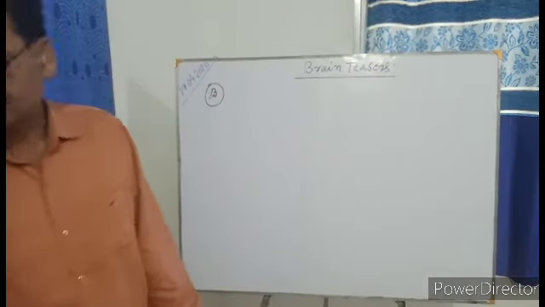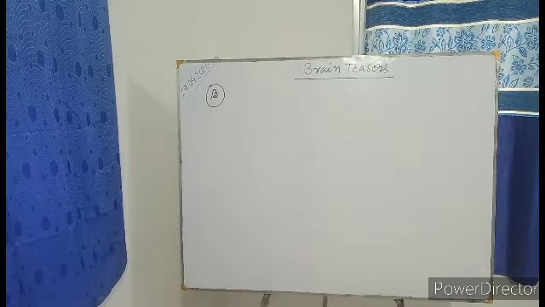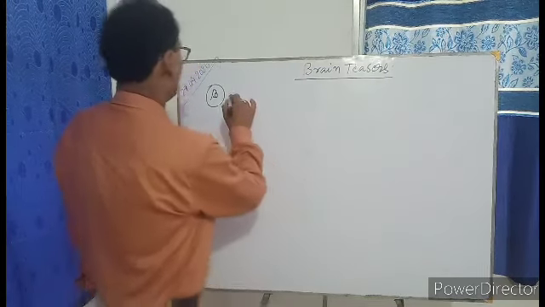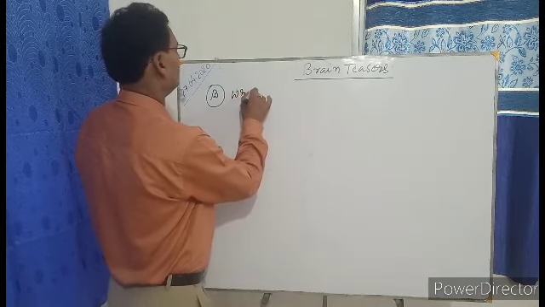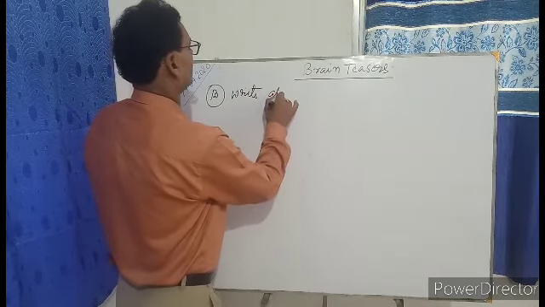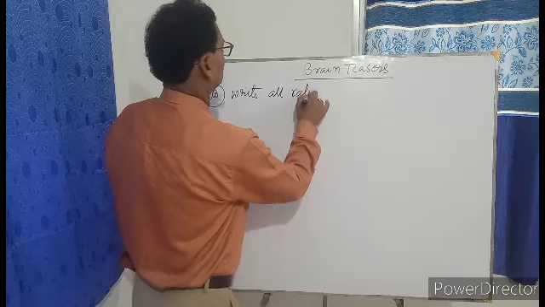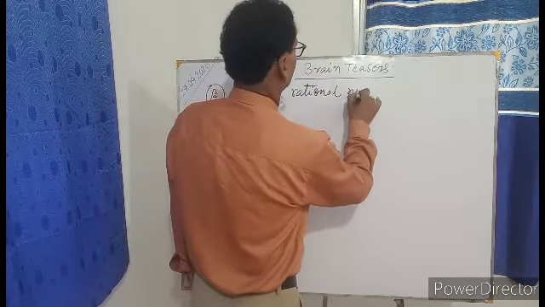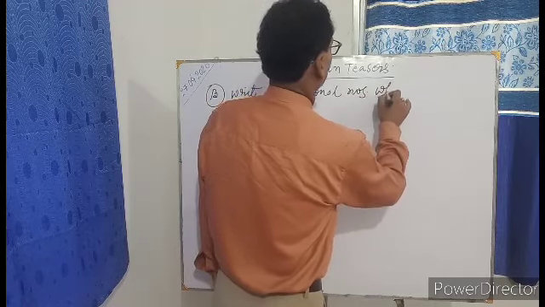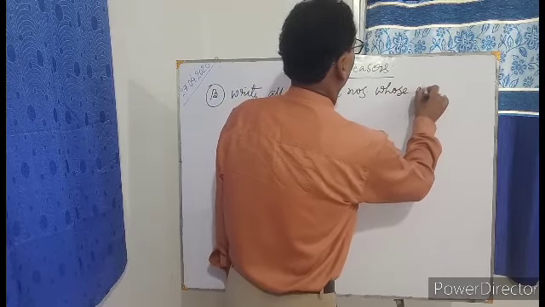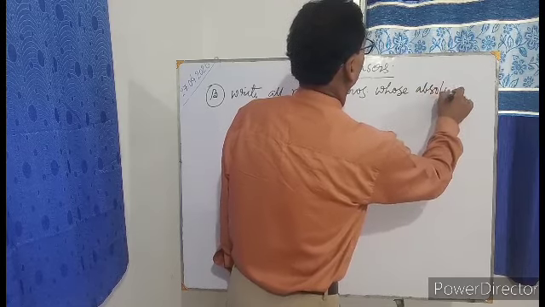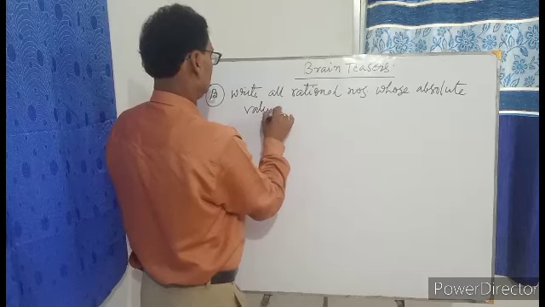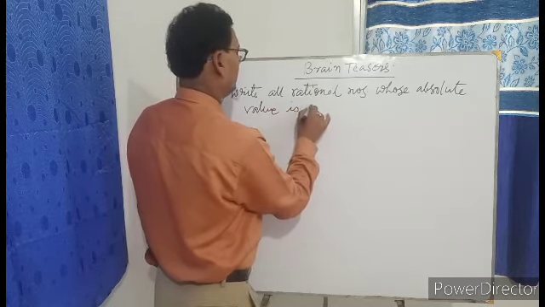Its first question is, write all rational numbers whose absolute value is 5 by 6.